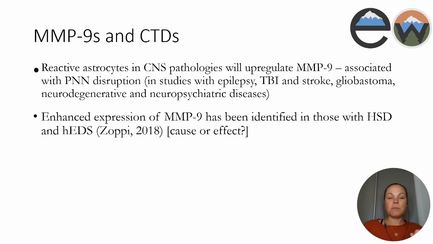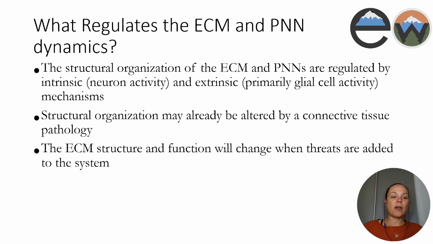Perhaps. Okay, so what regulates the extracellular matrix and the perineural network dynamics? It's the structural organization of the extracellular matrix and the perineural networks through intrinsic neuronal activity and extrinsic glial cell activity. Okay, so the neurons and the glial cells.